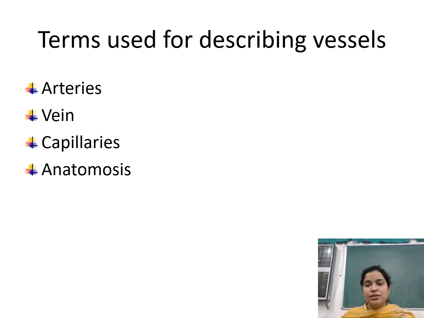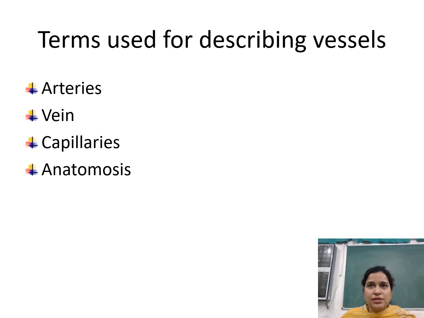All the arteries in the body carry oxygenated blood from the heart, except two arteries, the pulmonary arteries and umbilical arteries, which carry deoxygenated blood.